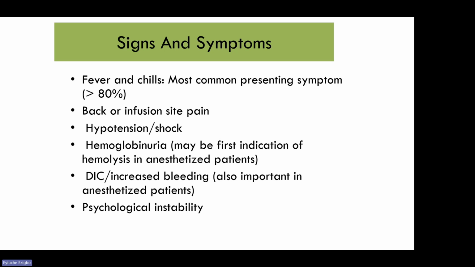Hemoglobinuria may be the first indicator of hemolysis in patients that are under anesthesia, because you may not see some reaction, but you find out that the person is passing blood in the urine. Also DIC, increased bleeding, important in patients that are under anesthesia. And then psychological instability. That is why within the first 30 minutes of initiating blood transfusion, the clinicians always hang around.